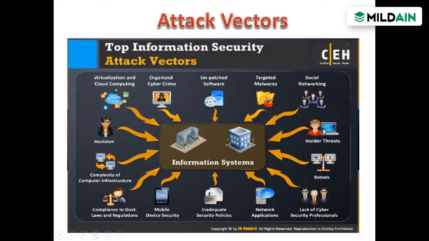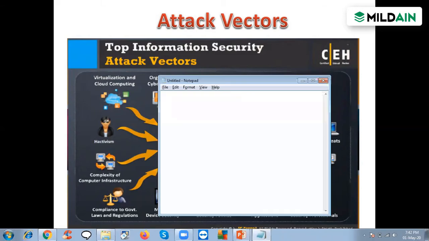That means you could find somebody working in that company and extract information out of that particular person. The next one is botnets. Botnets are certain softwares that are automatically generated. These are robots on the network. That is why they are called botnets.